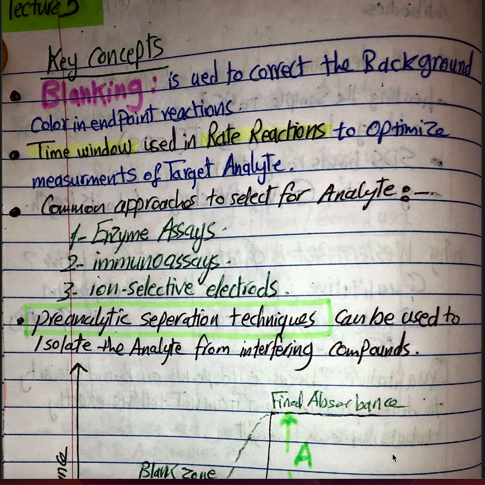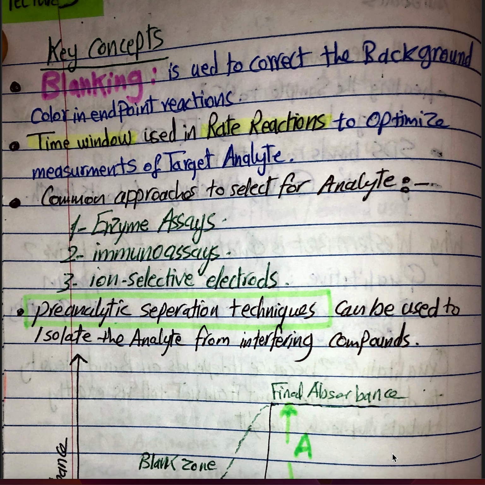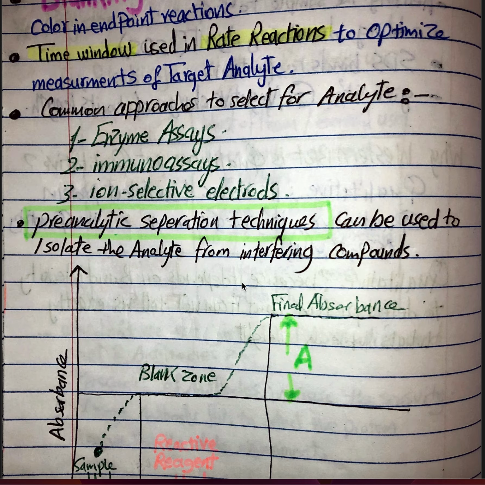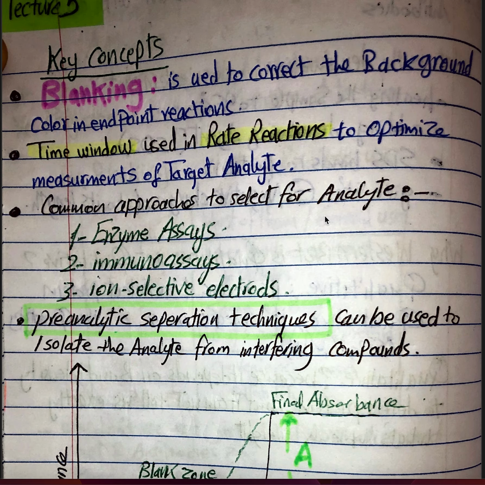The rate reaction is really helpful for measuring the activity of an enzyme, because I'm not just concerned about the product, I'm focused on how this enzyme acts. So we use the time window in the rate reaction to optimize the measurement of the target analyte, using a certain period of time to measure these rate reactions.